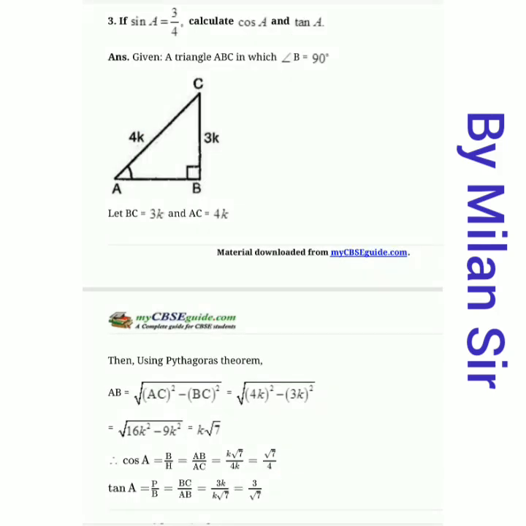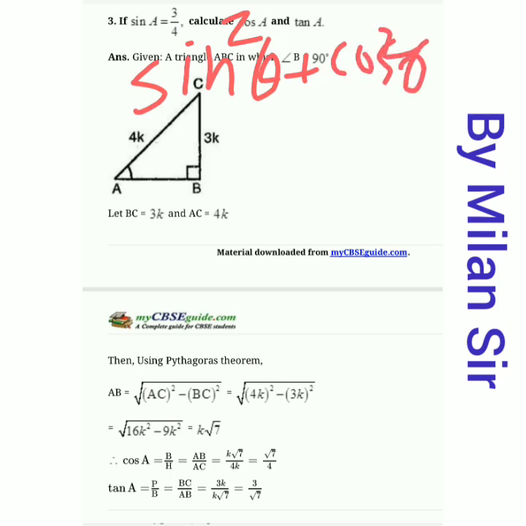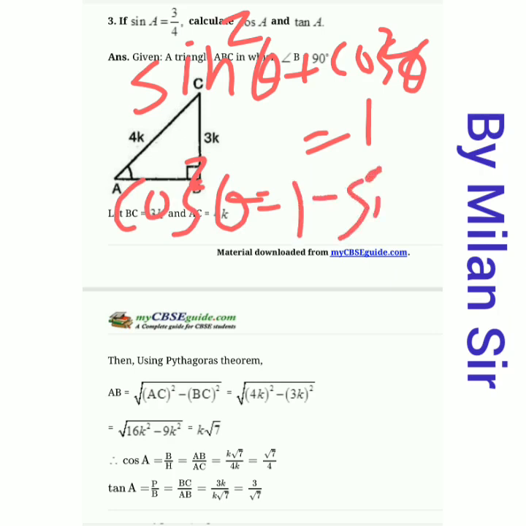Now we are solving this question by the second method. If we do not want to do this, then we have one more method. We know the formula of cos A. We know one identity, sine square theta plus cos square theta equals 1, and from that we derive one formula: cos square theta equals, transferring sine square theta to the right hand side, 1 minus sine square theta.